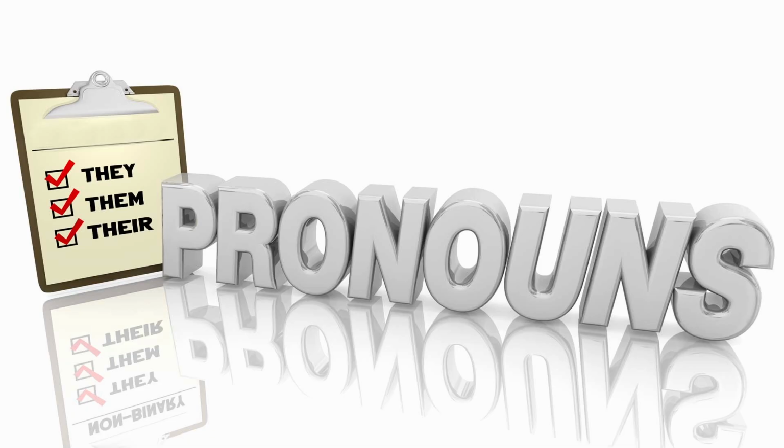Instead of repeating Bill in our sentence, we used other words to substitute for Bill, put in the place of Bill, so that we're not repeating ourselves over and over and over again. These substitute words are what we call pronouns.